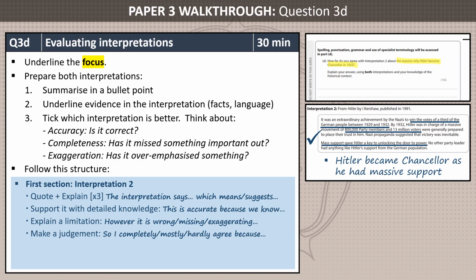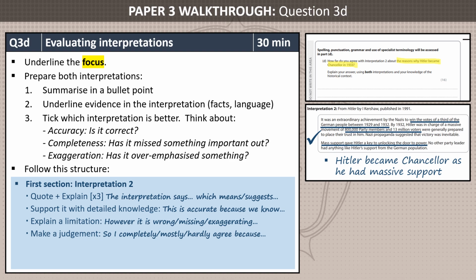Then, I will use my own detailed knowledge to support the interpretation. This means I'm going to provide some of my own facts and detailed explanation to agree with the interpretation. Then I will explain a limitation of the interpretation.